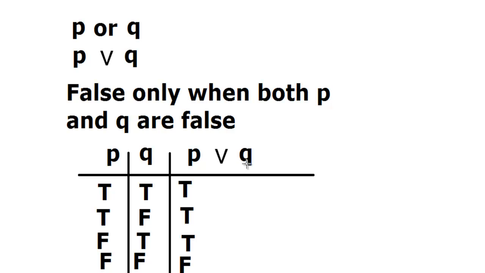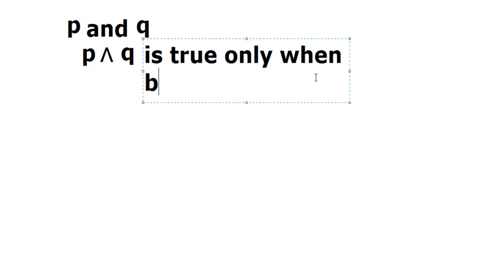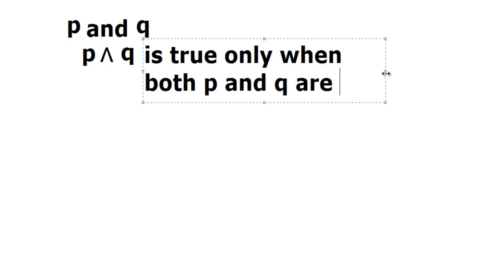Now let's look at another type. In this case we are going to look at P and Q, and the symbol for and is this symbol, called conjunction. P and Q is true only when both P and Q are true, otherwise it stays as false.